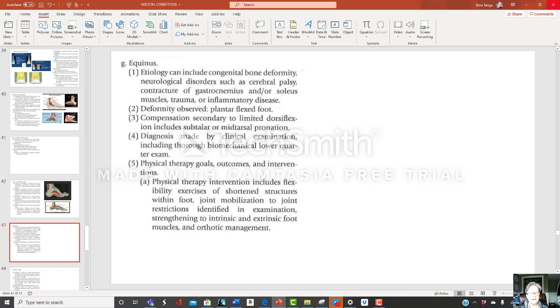Diagnosis made by clinical examination, including thorough biomechanical lower quarter exam. Physical therapy goals, outcomes, and interventions include flexibility exercises of shortened structures within the foot, joint mobilization to joint restrictions identified in examination, strengthening to intrinsic and extrinsic foot muscles, and orthotic management.